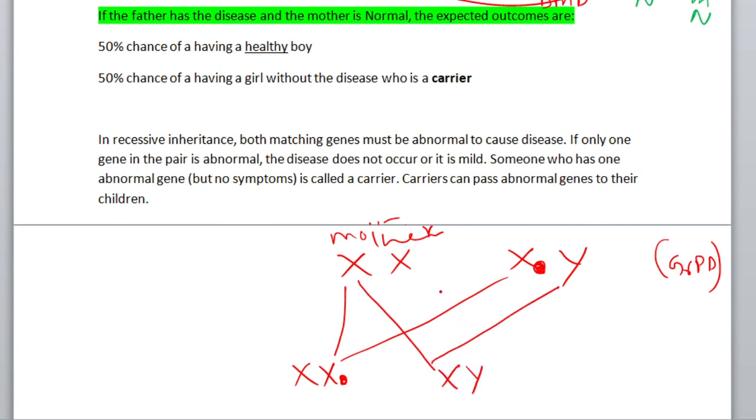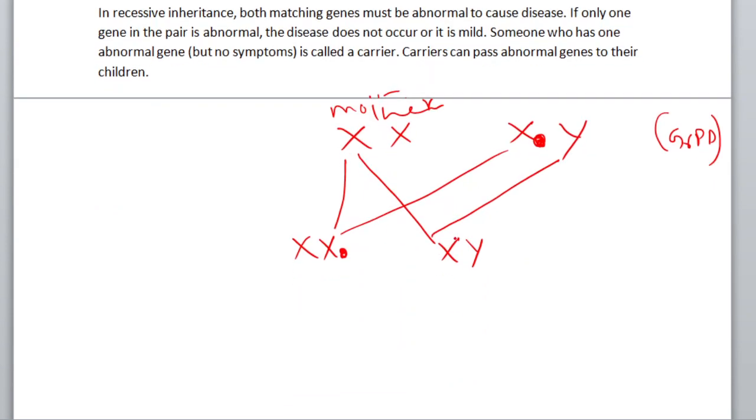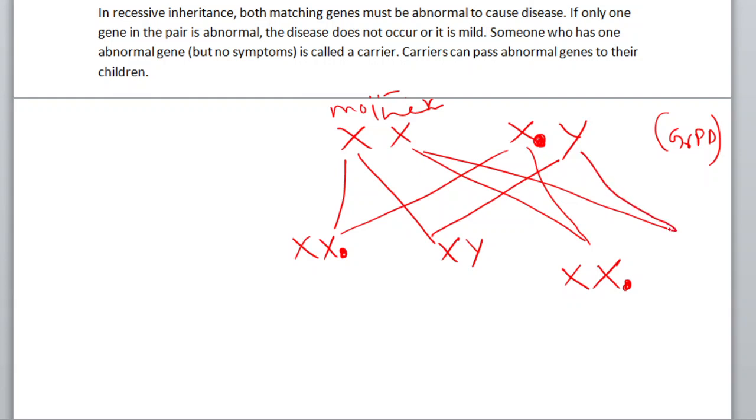This will be a normal guy, okay? When this X chromosome combines with the defective one, it will form XX naught, okay? And lastly, when they both combine together, it will form XY normal.